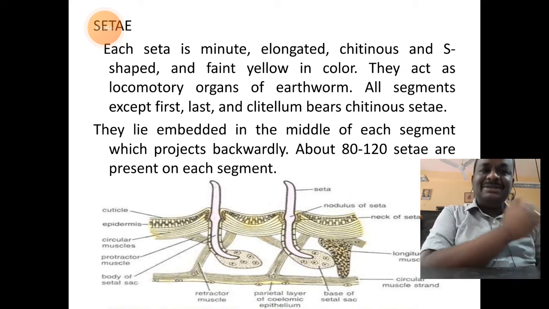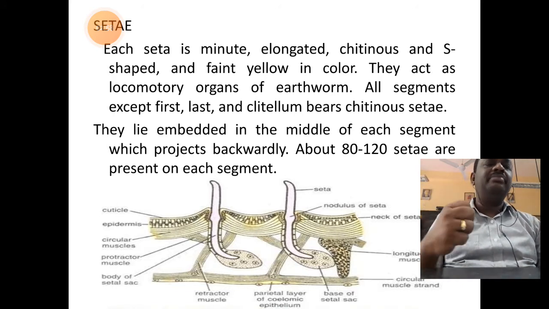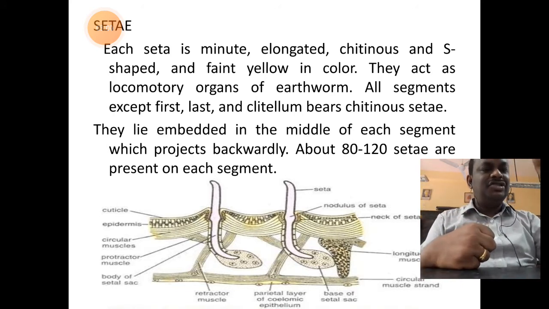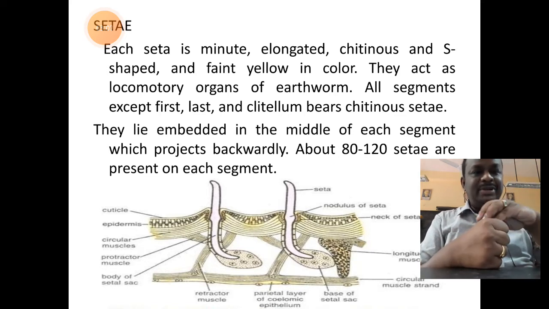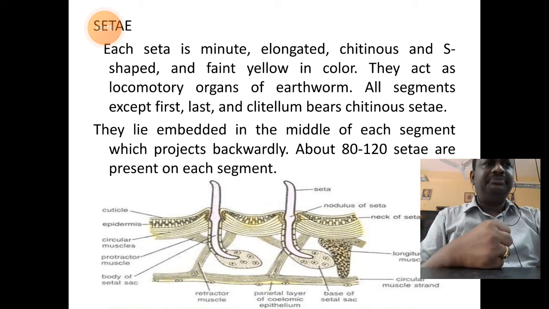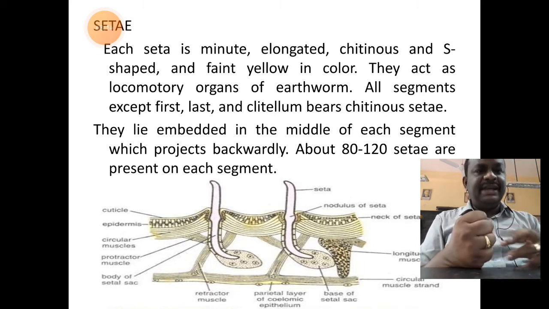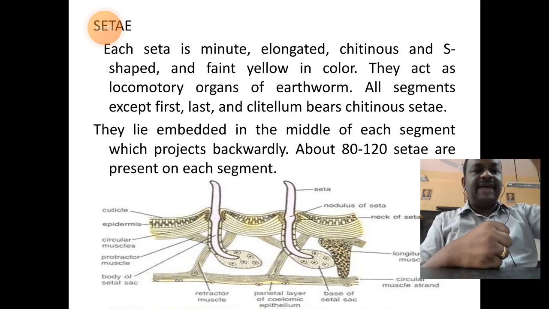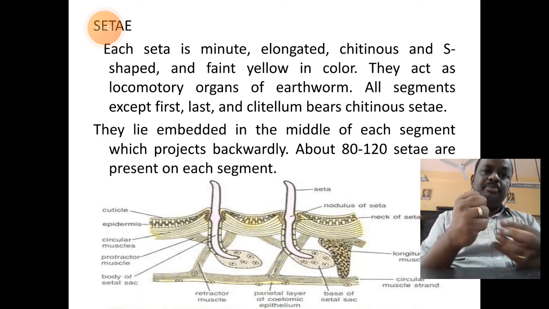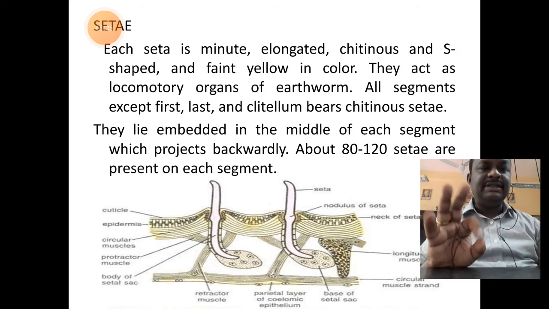But in the terrestrial forms, there are special structures present in every segment of the organism, which are generally rod-like, bent, and have a central nodule. Towards the anterior side it has the neck, and towards the posterior side it has the base.